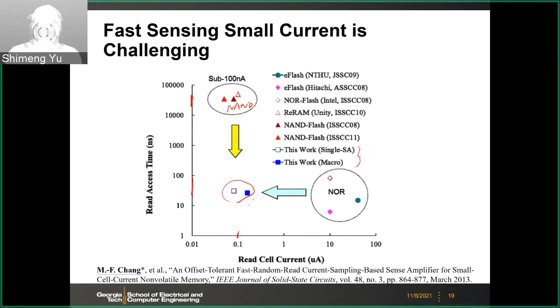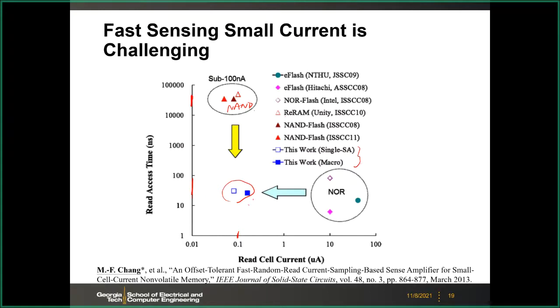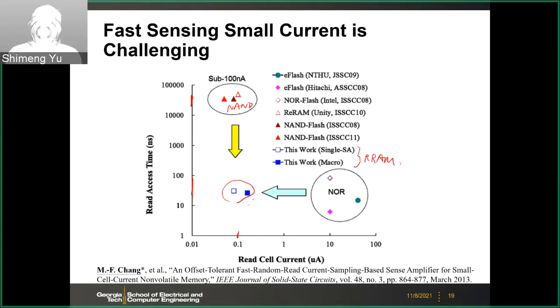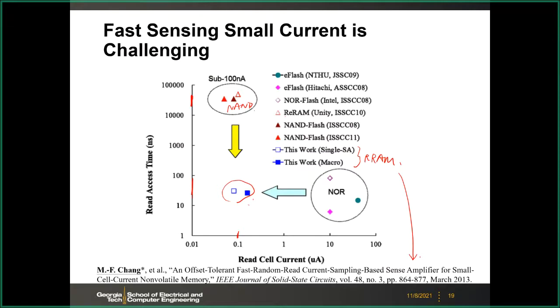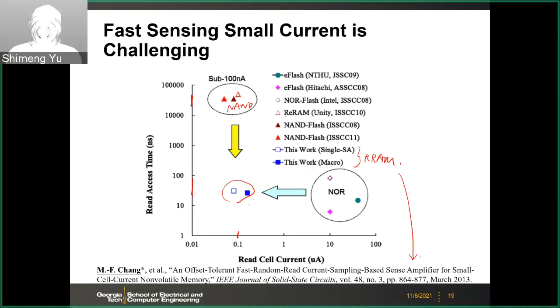I believe this is for the R1. If you want to know the tricks, you can read those papers, because typically you have to do some switch cap and do some sampling in the circuit. It's a very advanced technique.